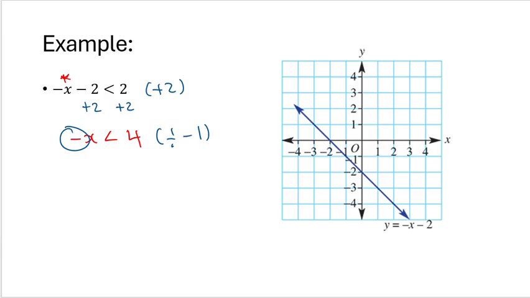You got to get rid of it. So you divide both sides by -1. And it becomes x is greater than -4. But what happens, most importantly, is the inequality sign changes. Okay, so just remember that. Remember to change the inequality sign.